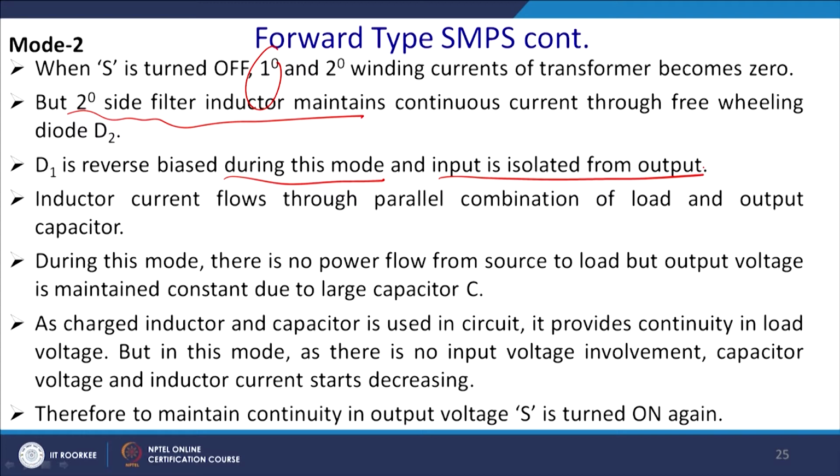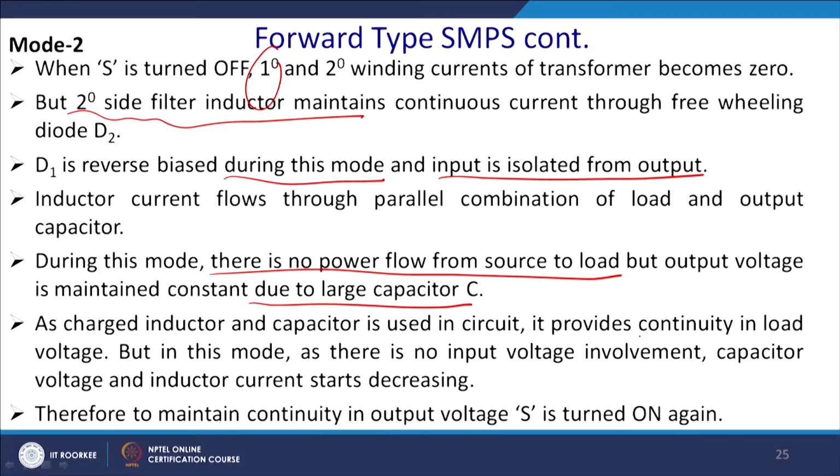Inductor current flows through the parallel combination of the load and the output capacitor. During this mode, there is no power flow from the source to the load, but the output voltage is maintained constant due to the large capacitor. A charged inductor and capacitor is used in the circuit.